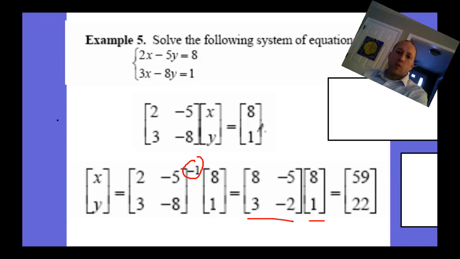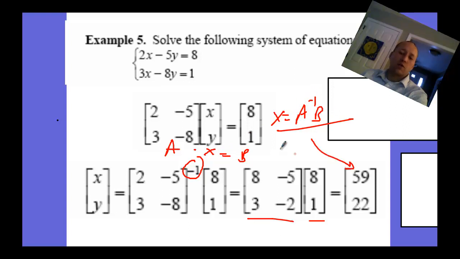Now, the work I'm expecting you to show is if you want to call that A, call that X, call that B, and then you know how to find X is the inverse of A times B. This is good work, just showing that you're assigning the matrices to variables, and you're showing what you're doing to the variables on the calculator to find the solution.